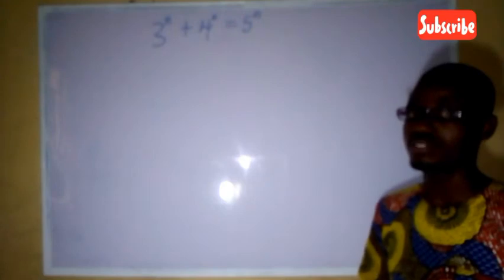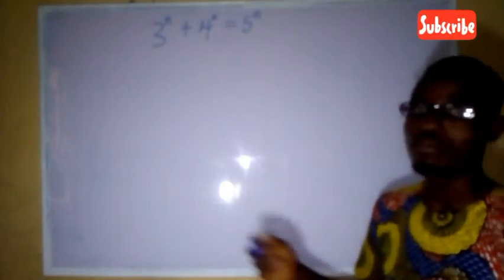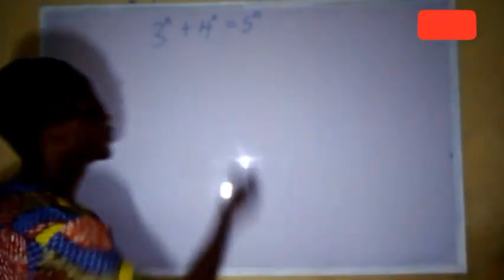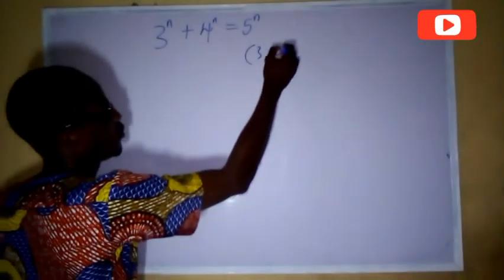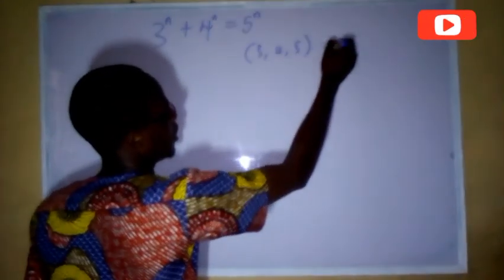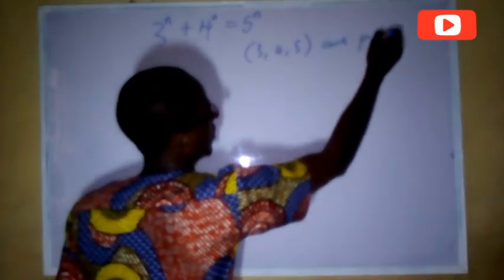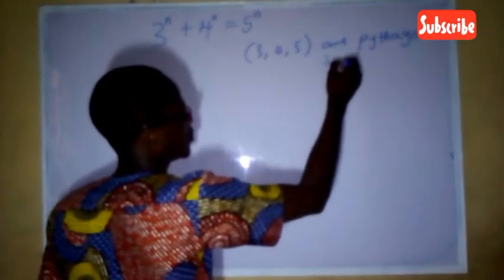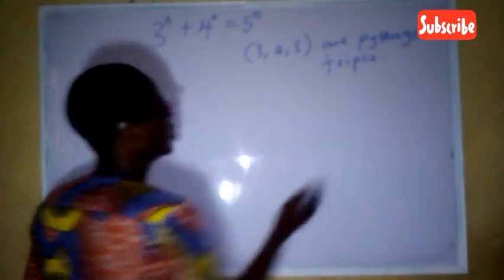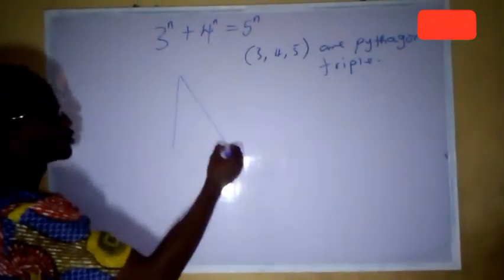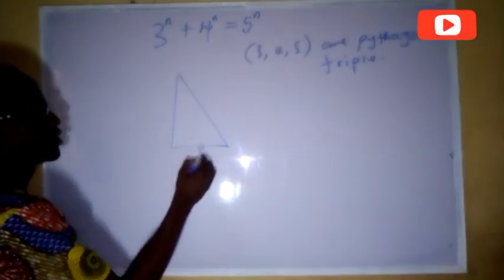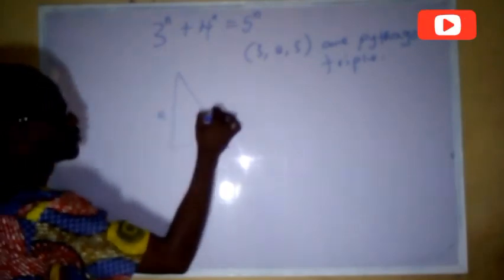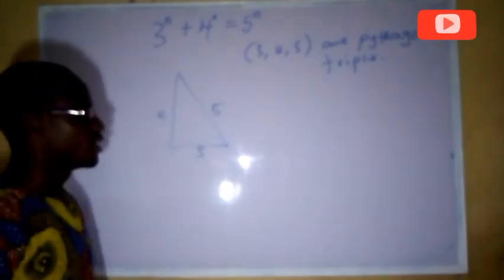I have the Pythagorean triple. 3, 4, 5 are a Pythagorean triple. So meaning if I have this triangle and here is 3, here is 4 and here is 5, it works out.